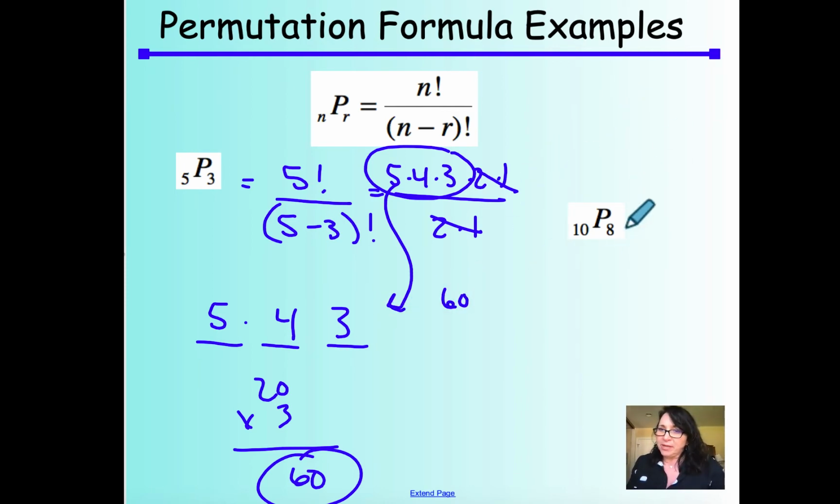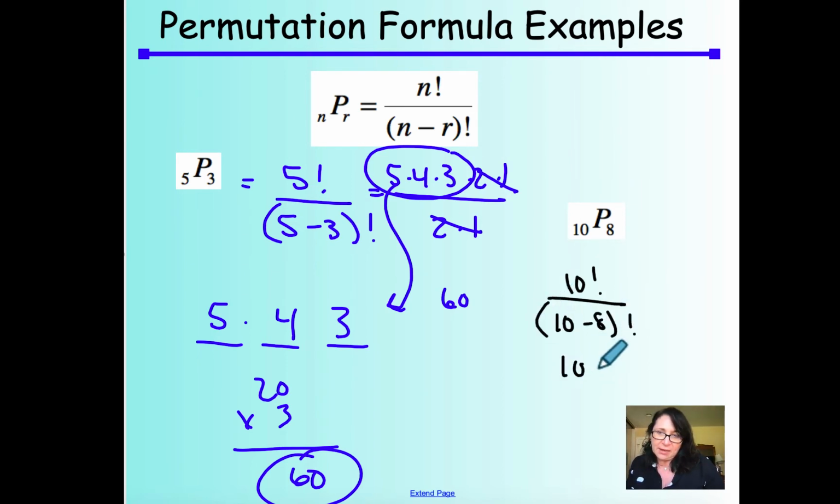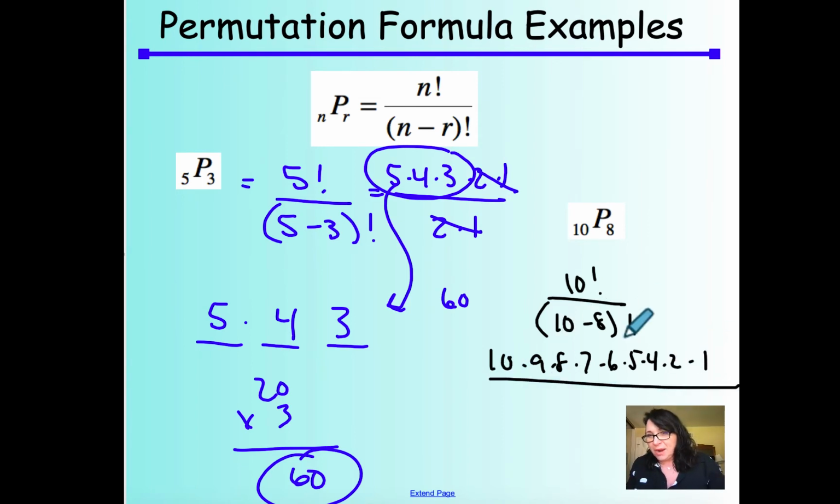For this problem here, I've got 10 permutations of 8. So that's going to be 10 factorial over (10 minus 8) factorial. And so that's going to give me 10 times 9 times 8 times 7 times 6 times 5 times 4 times 3 times 2 times 1 over 10 minus 8, which is 2 factorial, which is 2 times 1.